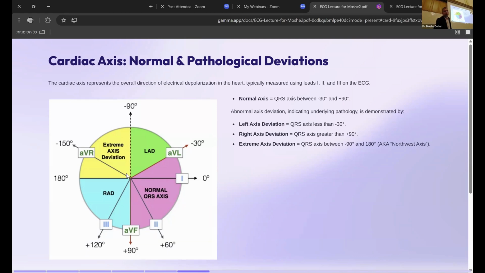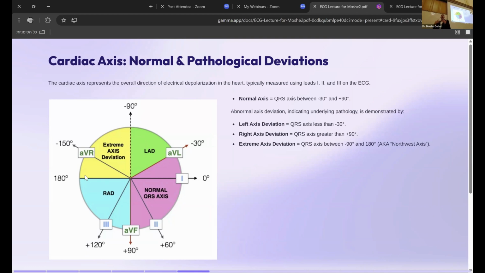Positive first lead, negative AVF, left axis deviation. If you have a positive AVF, negative 1, that's a right axis deviation. So with AVF and 1, you can easily calculate the axis of the heart.